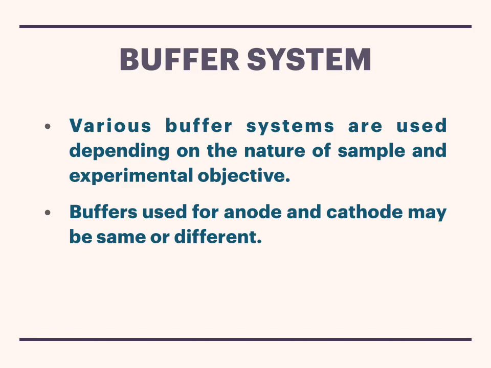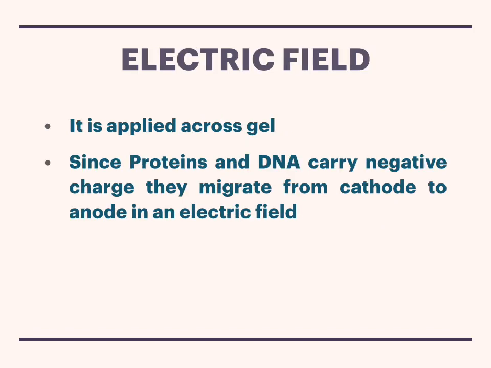The various buffer systems used in electrophoresis depend on the nature of the sample and the experimental objective. Mostly, the buffer used may be the same for both cathode and anode, but depending upon the experimental procedures, they may be different for each electrode. After the buffer system, the next component is the electric field.